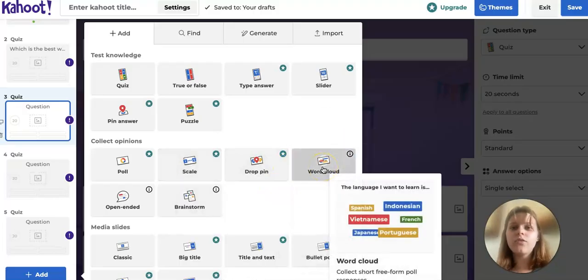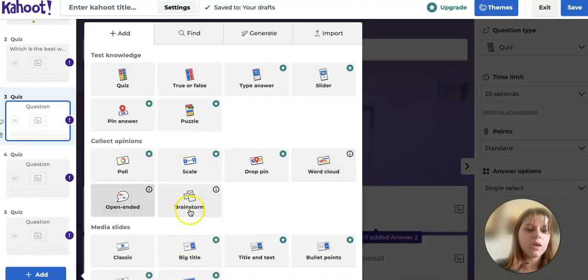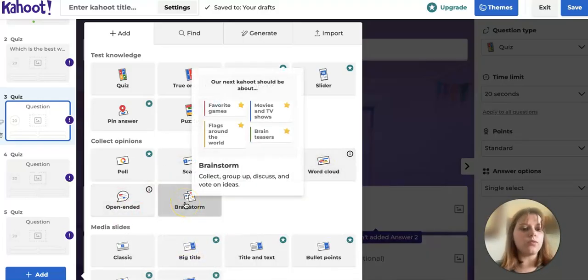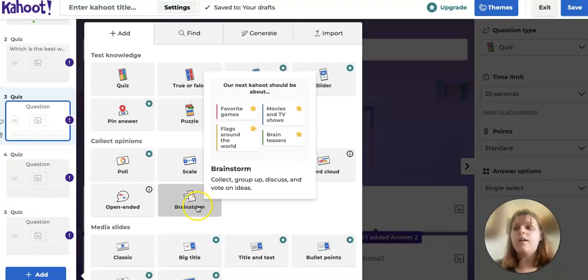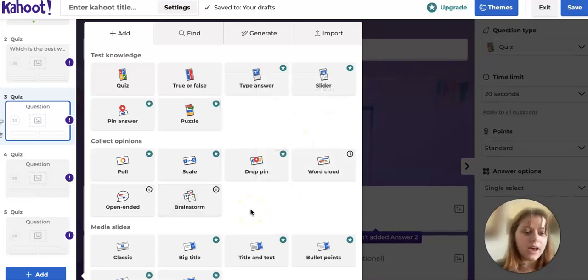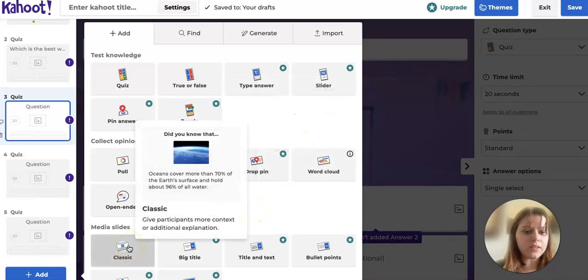You know, word clouds are great as well to see which students want to use the words that are the most popular or least popular. Brainstorming can be used in so many different ways. It can help students discuss and vote on ideas. I love that. Media slides.